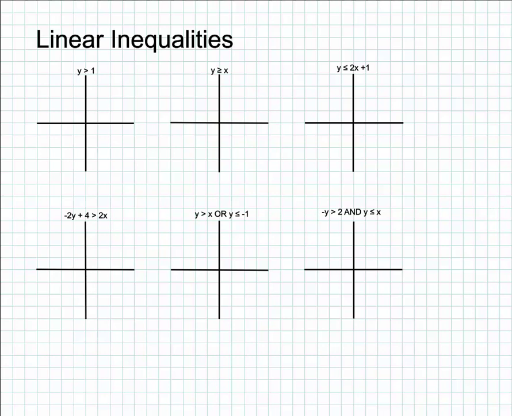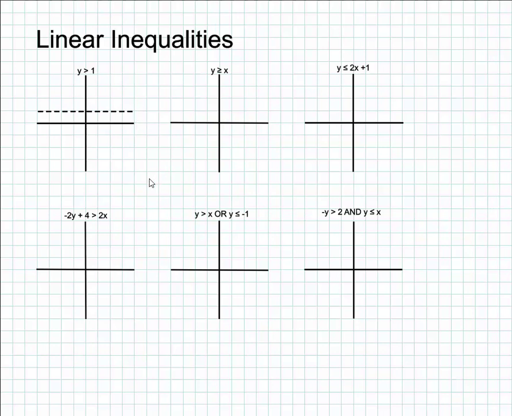So let's take the first graph, y is greater than 1. We know that if the line said y is equal to 1, we would simply have a line at y equals 1, and we'd be done.